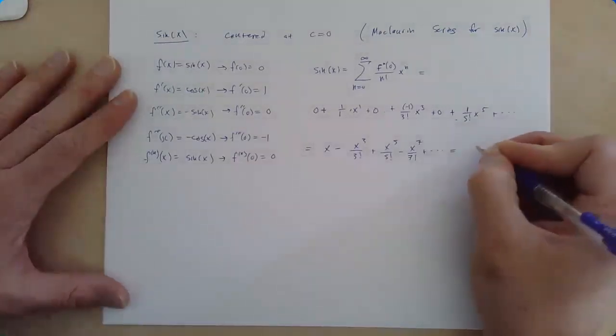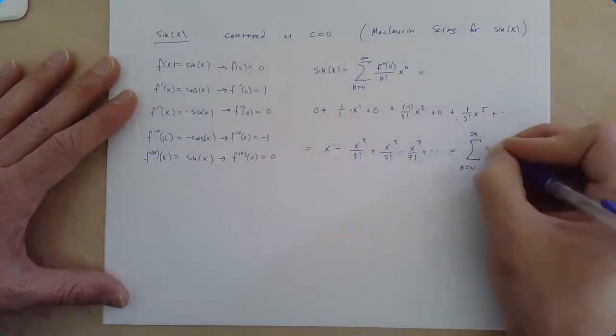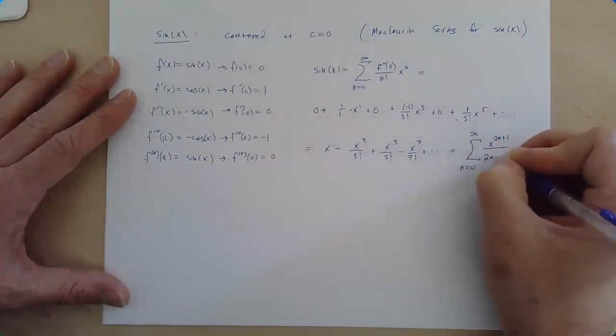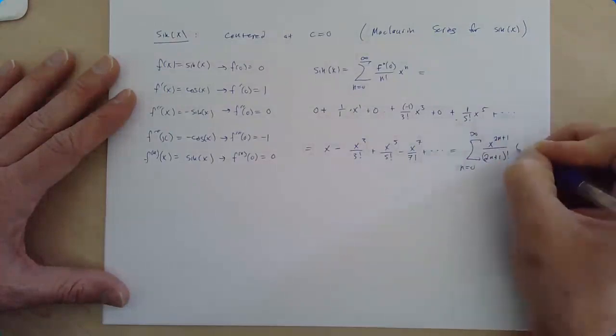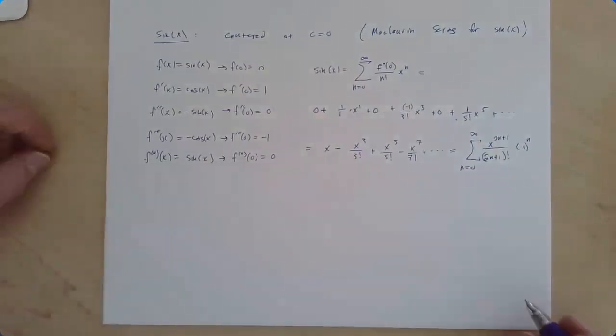And so that's equal to, I feel like the sigma notation for this is always kind of annoying, x to the 2n plus 1 over 2n plus 1 factorial times negative 1 to the n. 2n plus 1 will get us every odd integer. We're definitely starting at the right place.